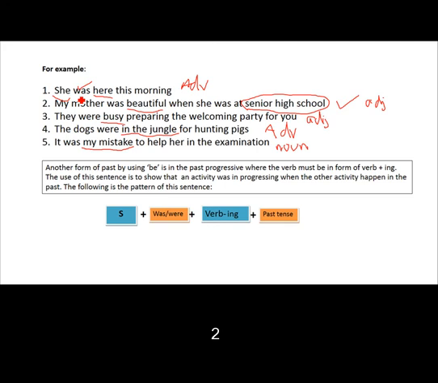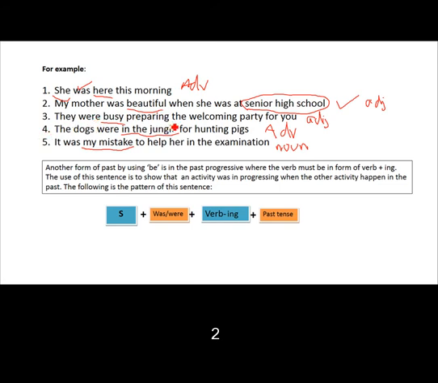But she was here this morning. Now she left. And second, my mother was beautiful when she was at senior high school. Now she's no longer beautiful because she's not young anymore. But when she was at senior high school, she was beautiful, maybe even very beautiful.